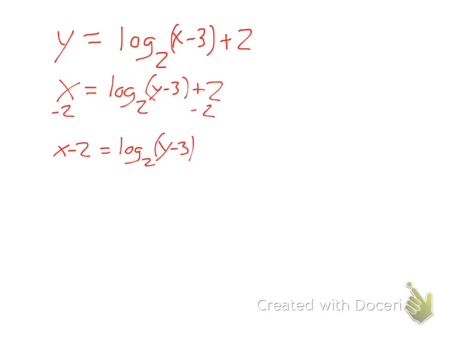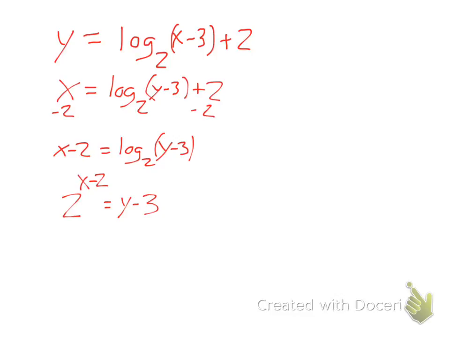So when I go to switch this, what is it going to look like? The base to what it equals, right? So it becomes 2 to the x minus 2 equals, what's inside the log? y minus 3.